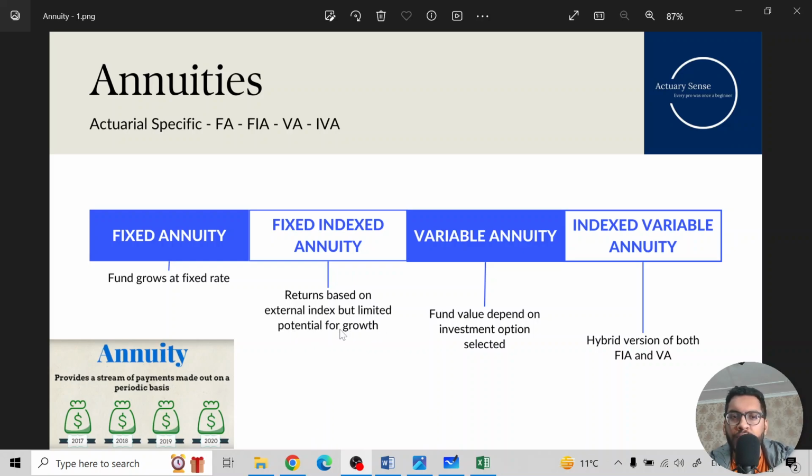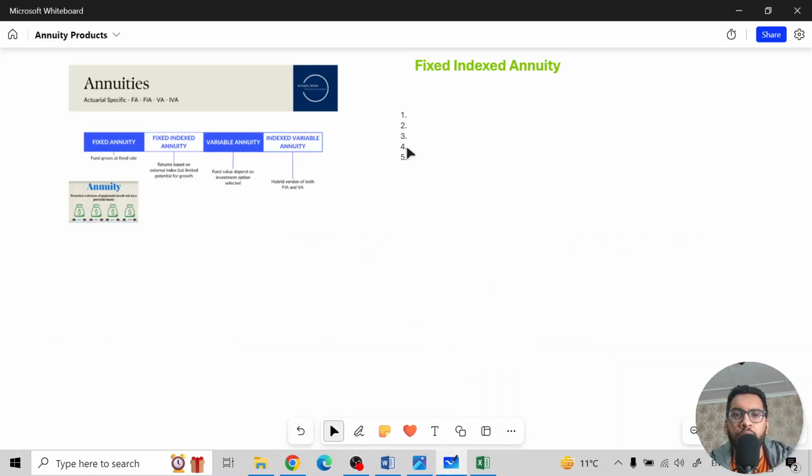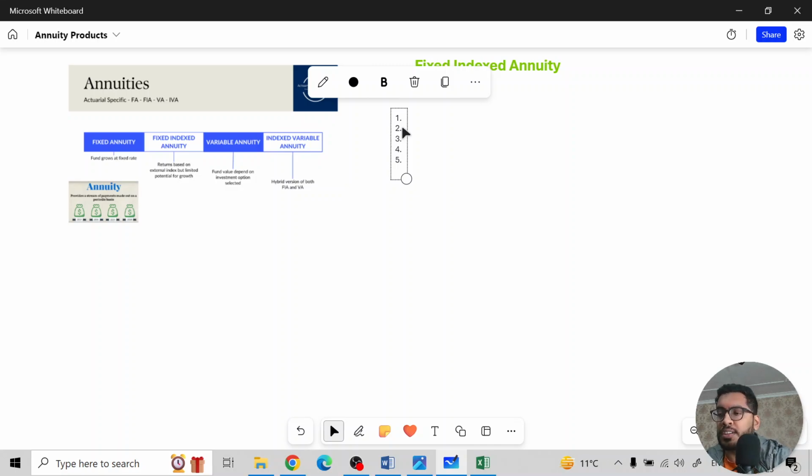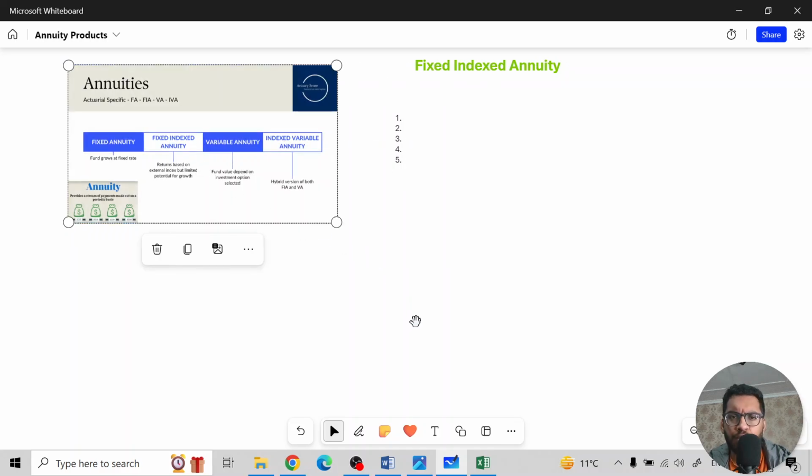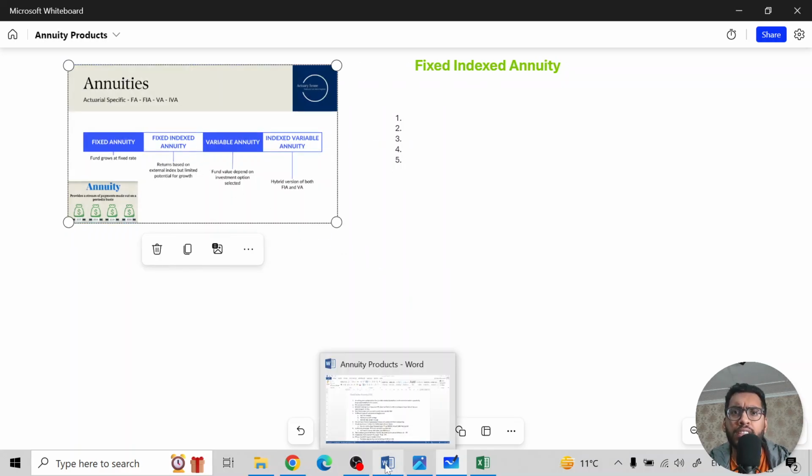So what we are trying to say, let's try to understand over here. In the case of a fixed index annuity, it is going to provide you with a limited potential for growth based on the external index. And there are a lot of different features in the FIA. So let's cover that step by step.